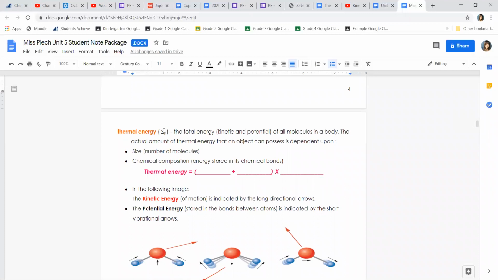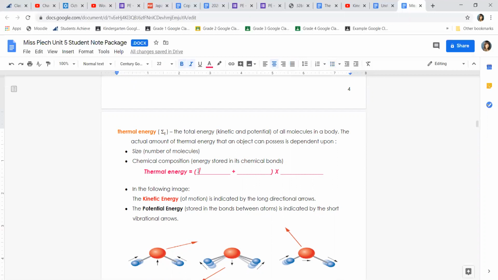For thermal energy, this cool little symbol right here, that is the total energy, the kinetic and potential, of all molecules in a body. The actual amount of thermal energy that an object can possess is dependent upon the size, so the number of molecules in that object, and then the chemical composition, the energy that is stored in its chemical bonds.